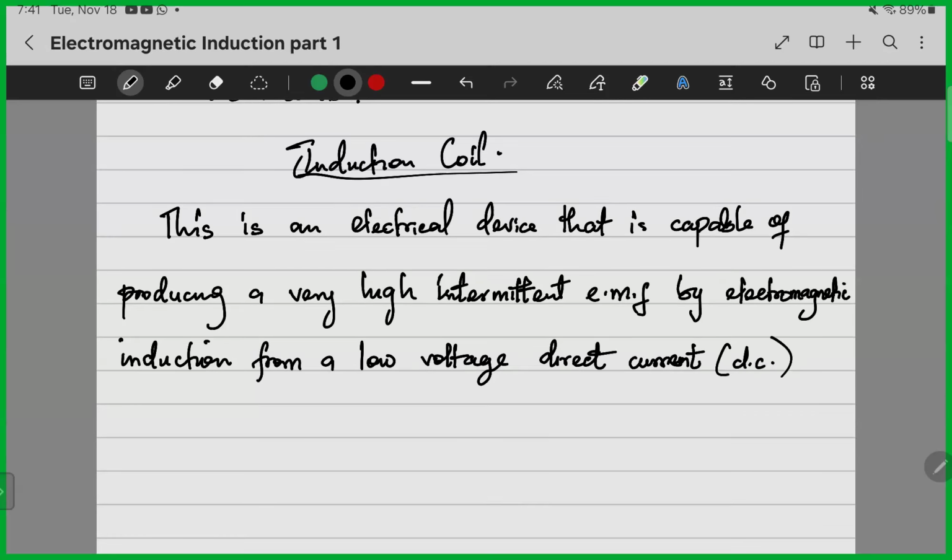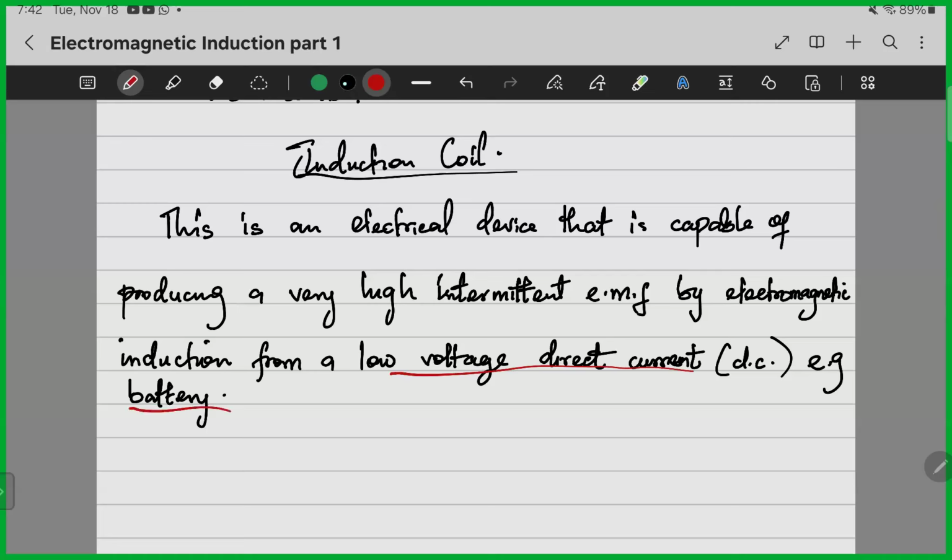So please keep that definition in mind. Read it or reread it. That's your role and responsibility. An example of that low voltage DC is a battery.